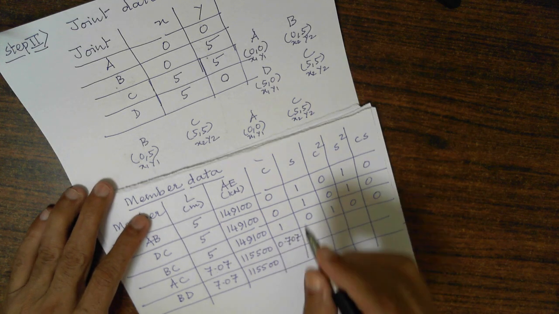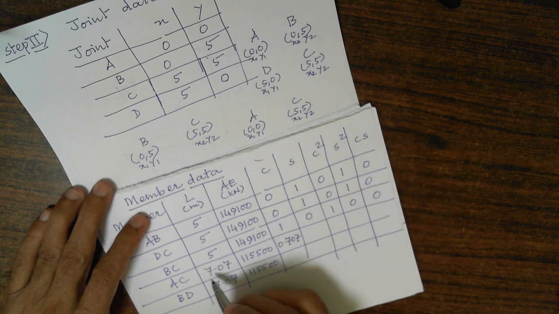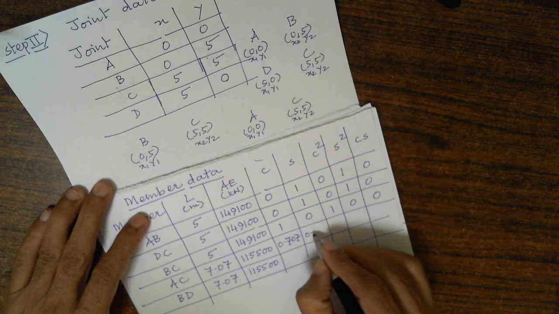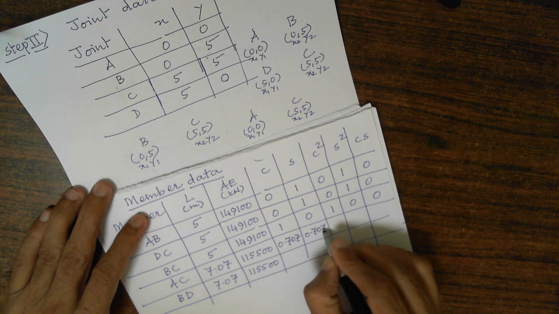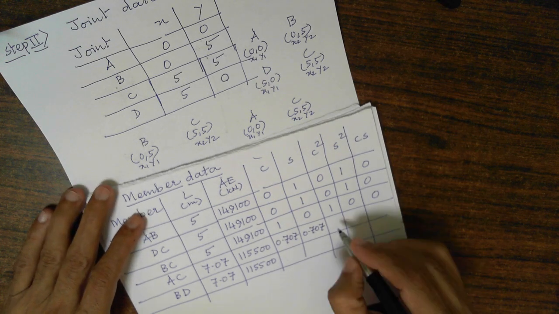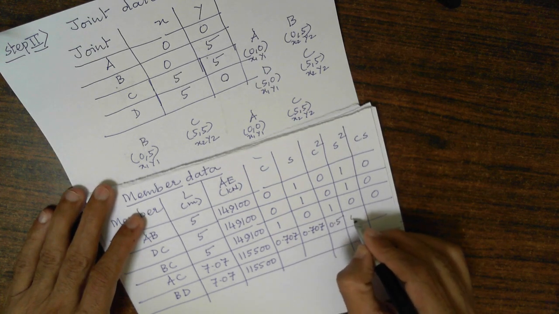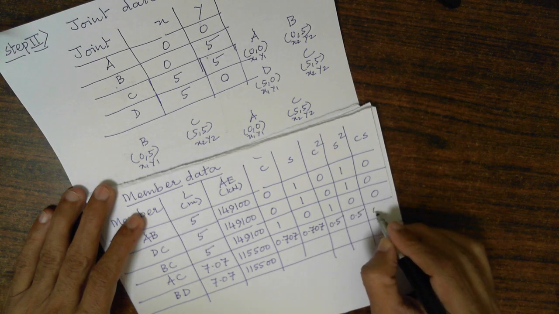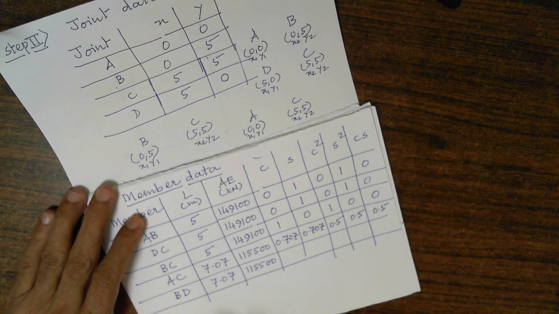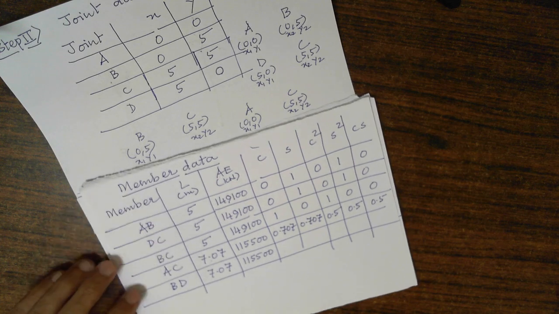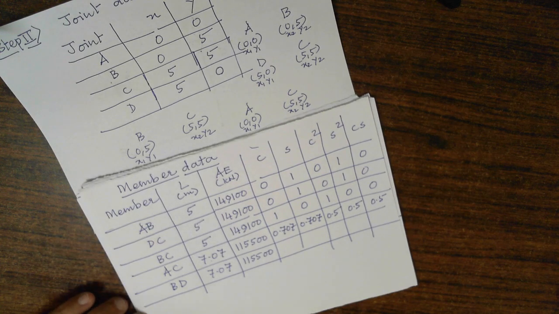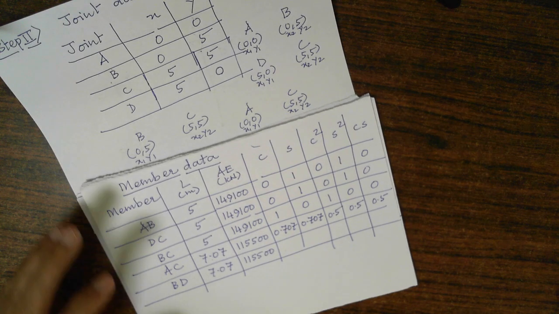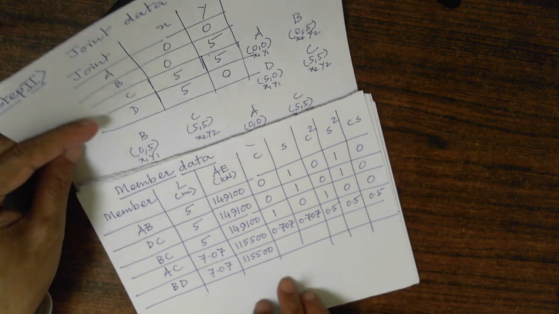Similarly, sin theta, y2 minus y1 divided by 7.07, that is 0.707. And I have found that cos square 0.5, sin square 0.5 and cos sin is 0.707 into 0.707, 0.5. That's the beauty of this example. Examiner must have thought a lot before giving it to the students. Example is very simple because of these calculations.